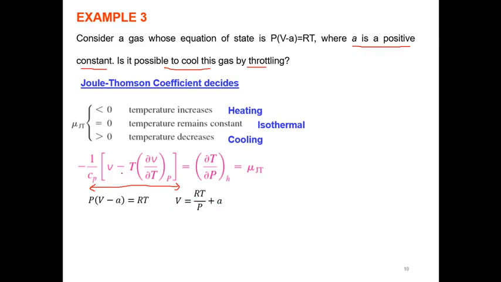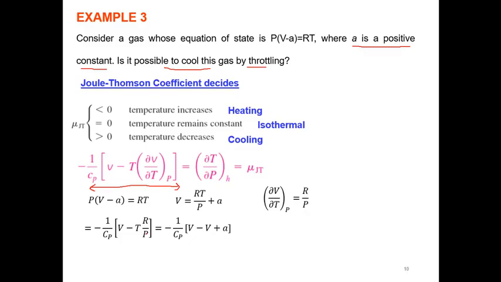From here, volume is equal to RT by P plus A, and if we take the derivative of V with respect to T at constant pressure, that will be R by P. If we put this value in the equation, we get minus 1 by Cp times (V minus T times R by P).